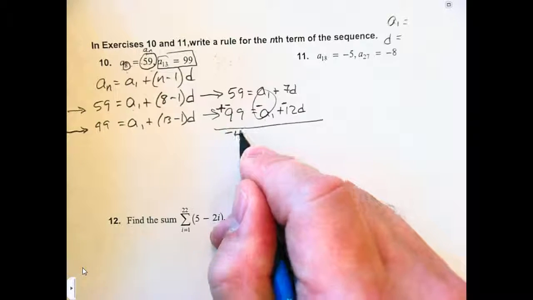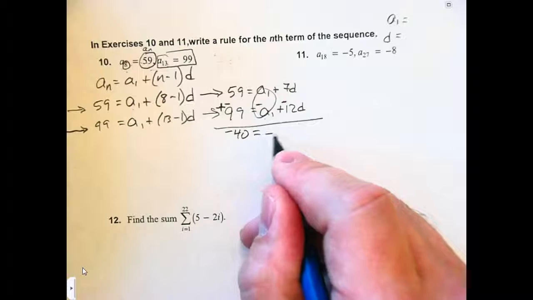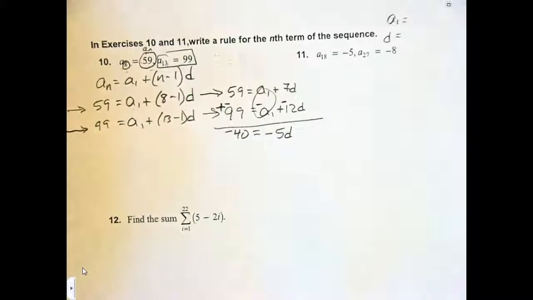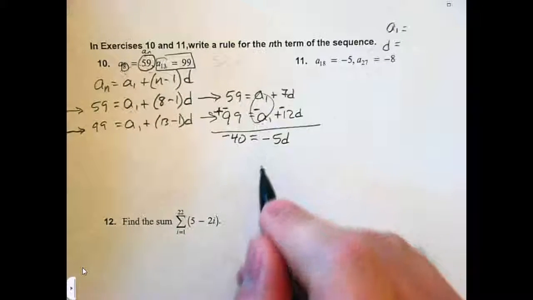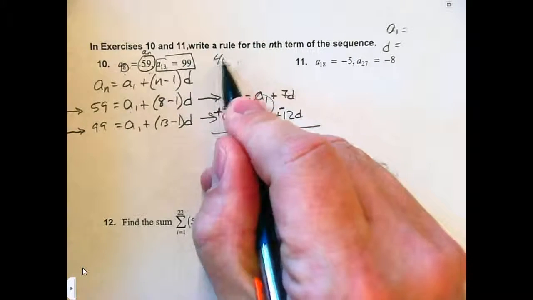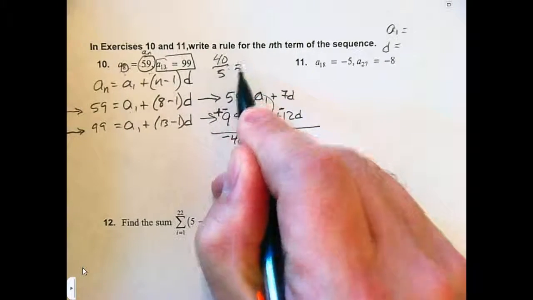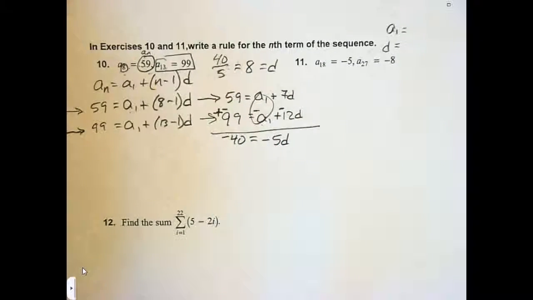Yeah, technically negative 40, right? Equals negative 5d. Does anyone recognize that? Come on, where did we get that? Where was this just a minute ago? That was up here, right? Who suggested that? Autumn. That is so much faster, correct?